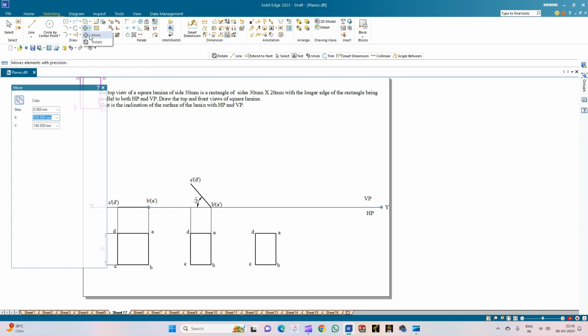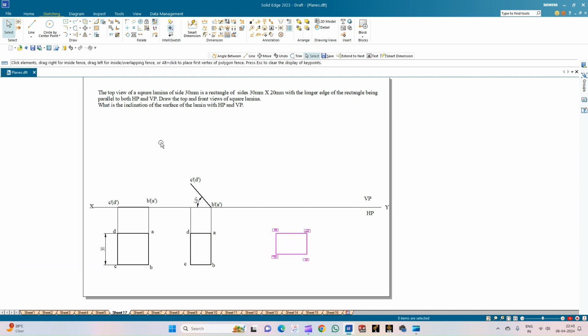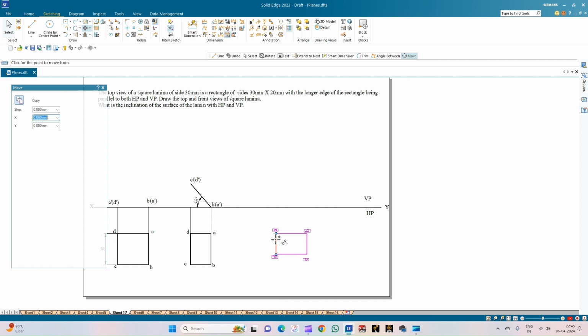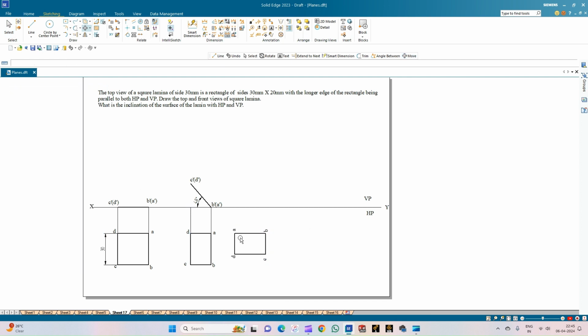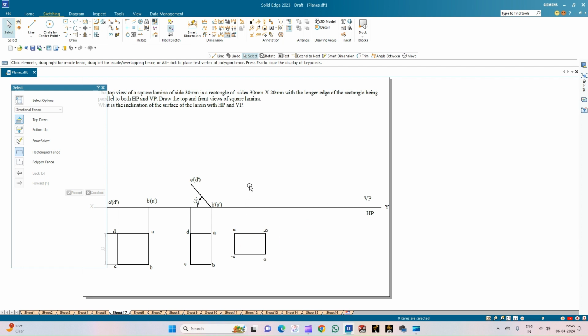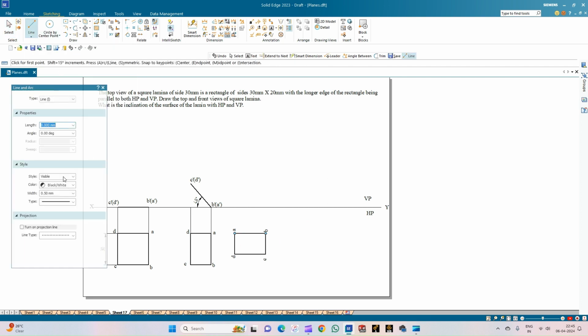And next, I'll select the rotate option and ensure the copy is off. So now I'll rotate the rectangle in such a way that the edge AB is parallel to VP. So we can just move this towards the left side so that we'll be having sufficient space to draw the side profile view.